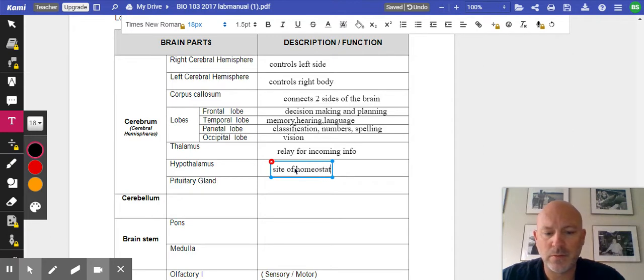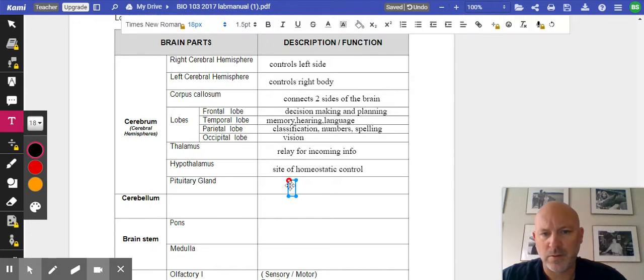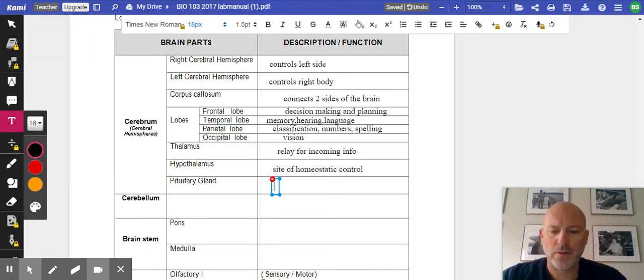Right? And the pituitary gland, we're going to say that this is the master gland. Endocrine system.